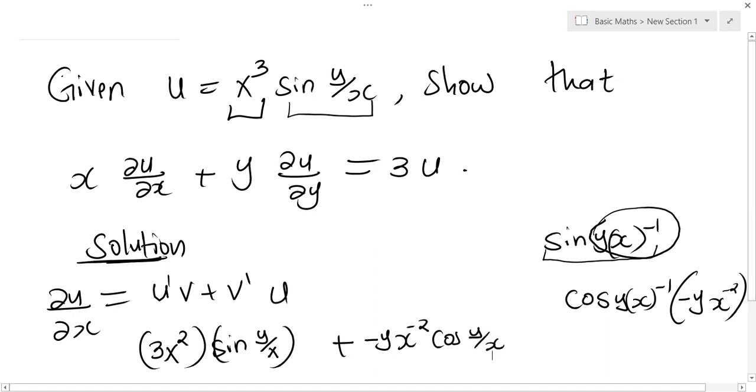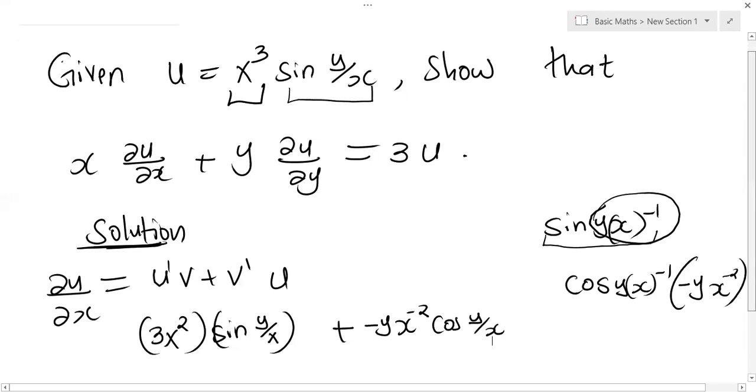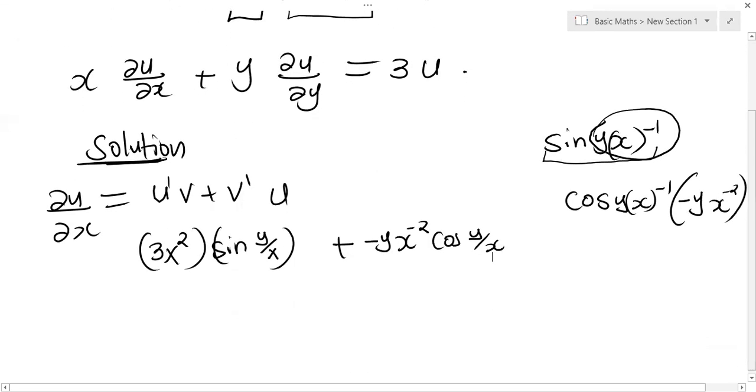We could also do that using the chain rule, the long method, just to confirm. Let's say z is equal to sine y x raised to power minus 1. Then let u be equal to x raised to power minus 1.